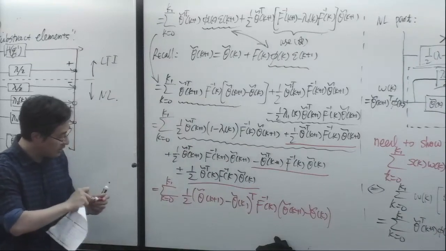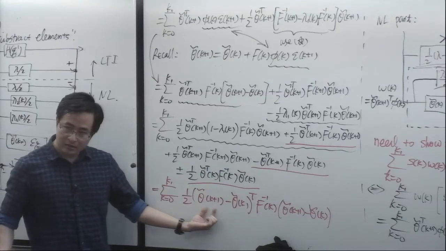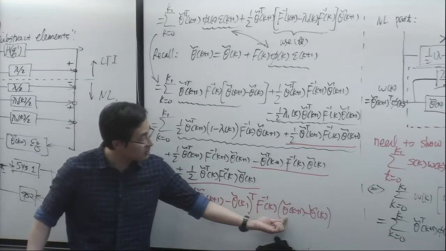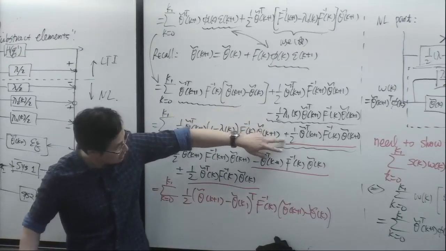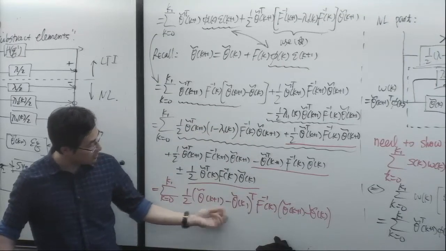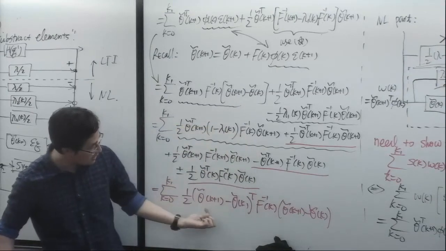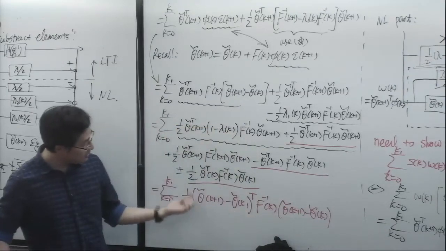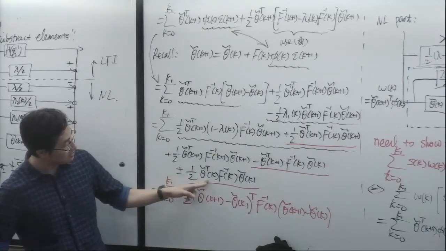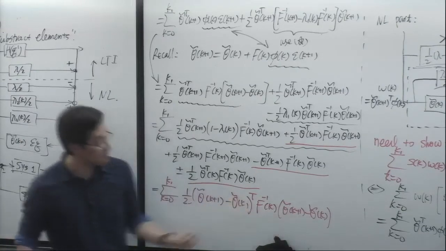Let's take a look. I won't write it out because it's going to be too long. But you can see I'm going to have half of theta tilde transpose, theta k plus 1 transpose, times F inverse times theta tilde. So I have this. And then I'm going to have a cross product, theta tilde transpose k plus 1 times F inverse times theta. So I'm going to get this as well, and this negative sign. And finally, I'm going to have this, the positive part of the added and subtracted term. I'm going to have theta transpose k, F inverse theta tilde k.